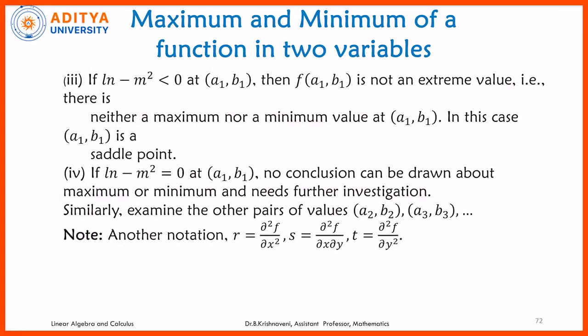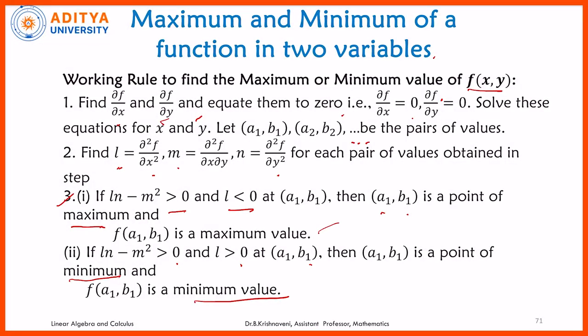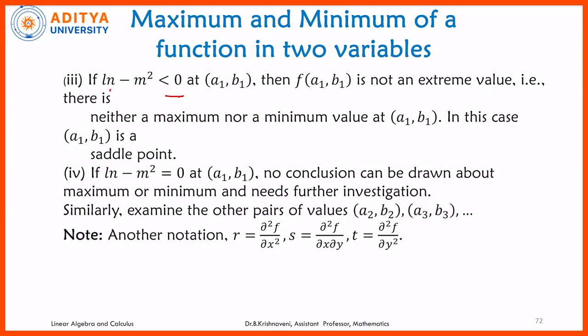Still we have more cases. In the first two cases, we are dealing with LN minus M squared greater than 0, for which L is less than 0 or L is greater than 0. There is also the case where LN minus M squared is less than 0, as well as equal to 0.